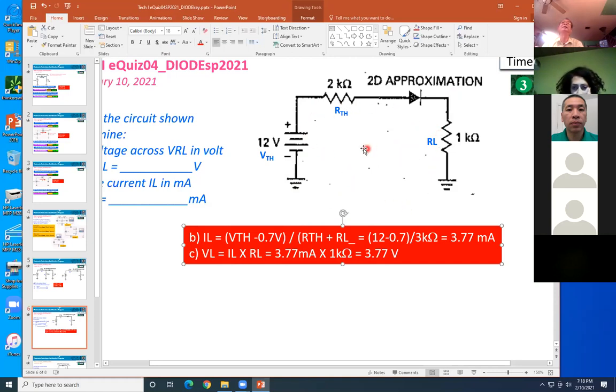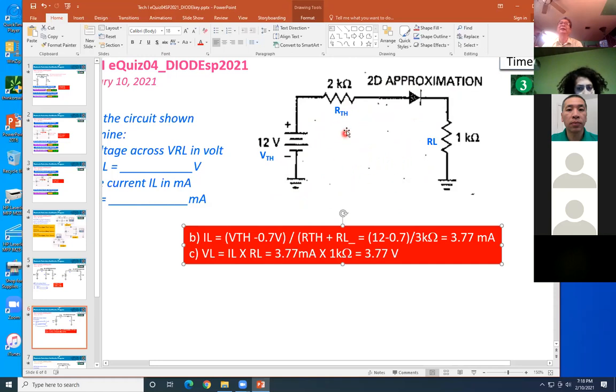Okay, so they take the different voltage. That means 12 volts here. 12 volts here, you have to minus 0.7 here. So then that will give you the voltage before going into the 1 kilo, the load.